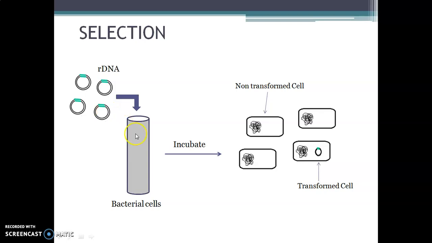That mixture, containing two components, the host cells and the recombinant DNA, is incubated in a proper environmental condition so as to allow the rDNA to take entry inside the bacterial cells.